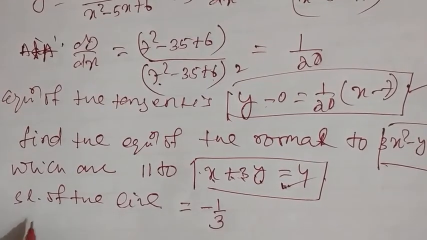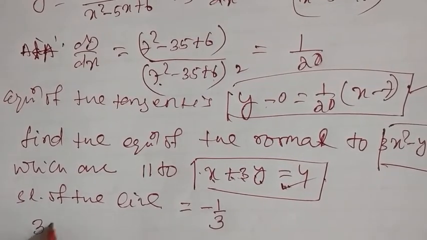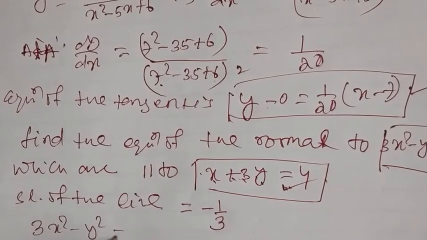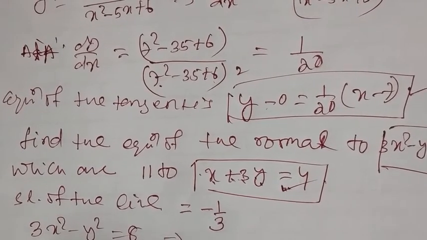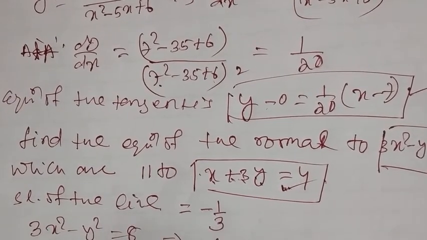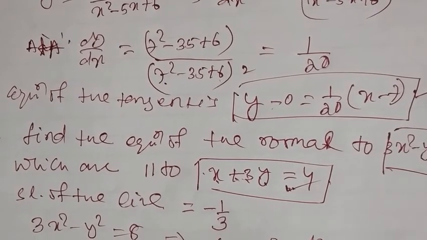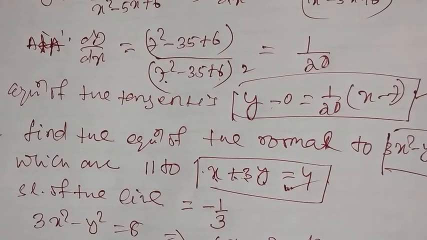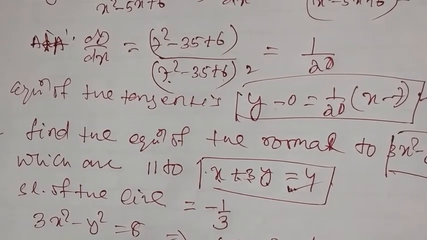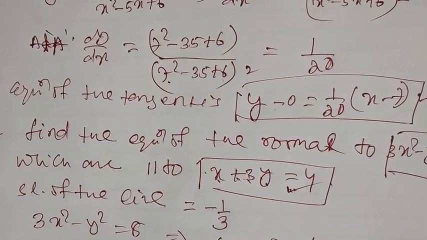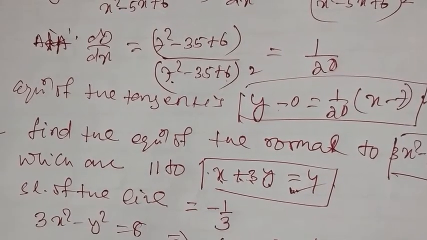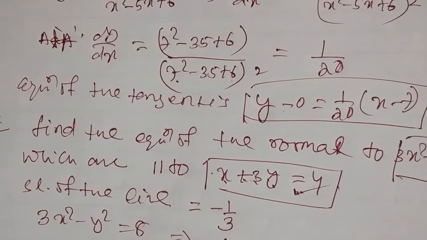Now from the equation 3x square minus y square equal to 8, differentiate and get 6x minus 2y dy by dx equal to 0, or not. So what is dy by dx? It is 6x by 2y, 3x by y.